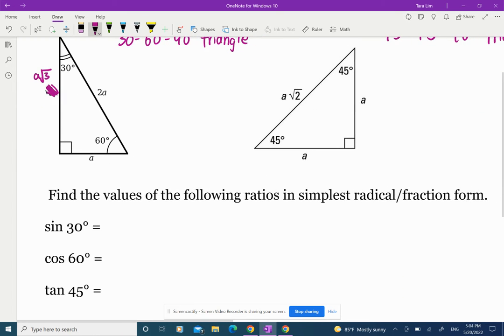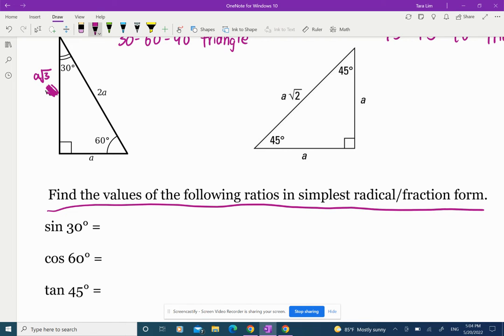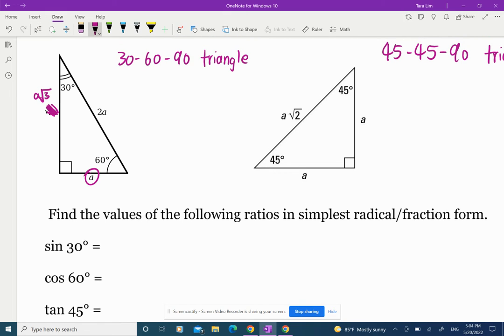So here, let's say we have sine 30. It says first, find the values of the following ratios in simplest radical or fraction form. Before we get started, because we have some unknowns here, a and 2a, and a here and there, I don't want that.